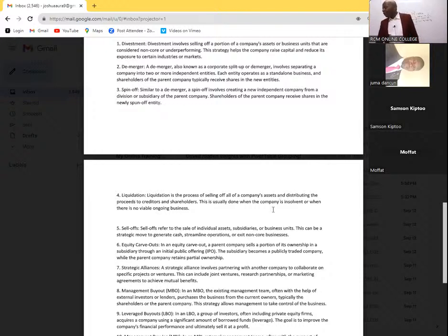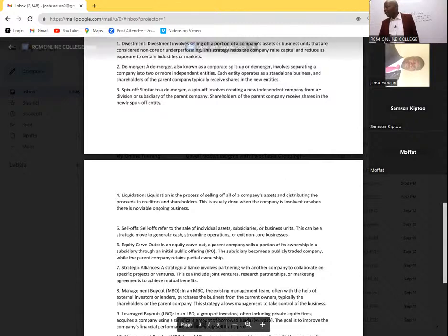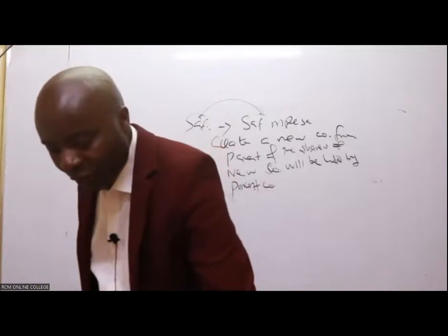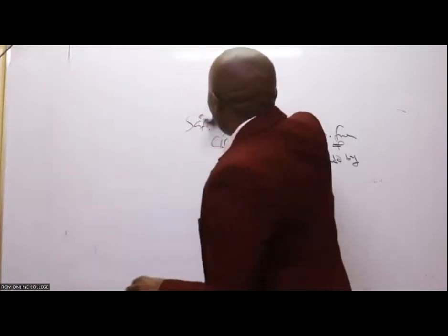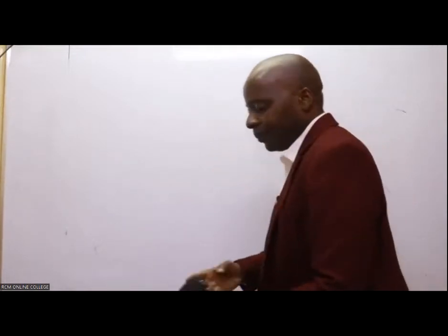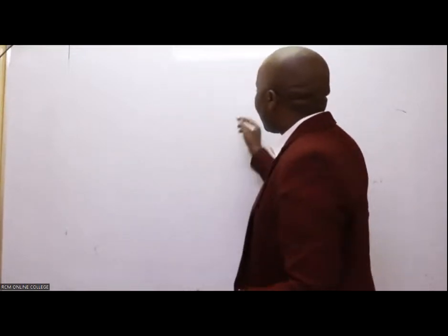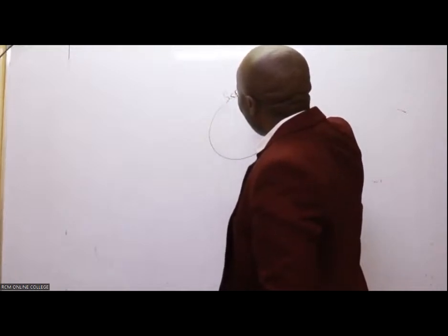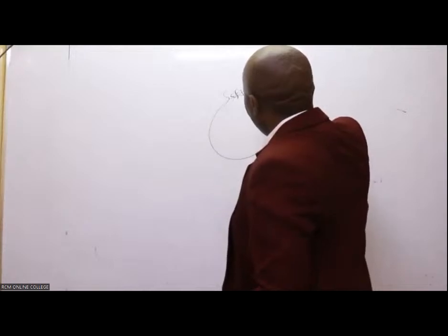Now, ladies and gentlemen, we have in this case what we call sell-offs. I love sell-offs because I've also been involved in this kind of arrangement. So under sell-offs, if we have Safaricom here, we are going to create a new entity that we shall call M-Pesa.